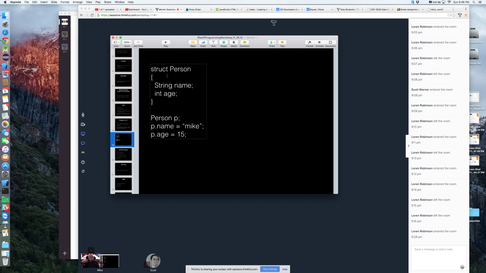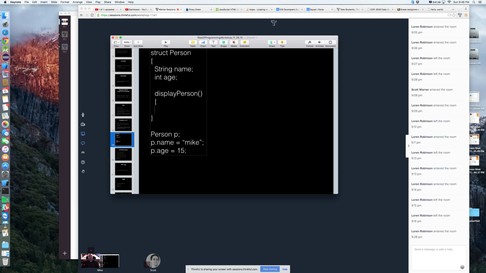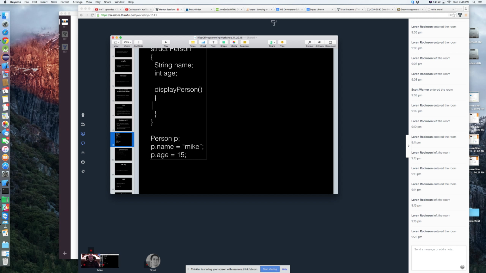And structs did not support the embedding of functions. So we could not come inside a struct here and put a function in here. We couldn't say we wanted to display person and then have this print out the information about that person to the screen, knowing what the name and the age was.